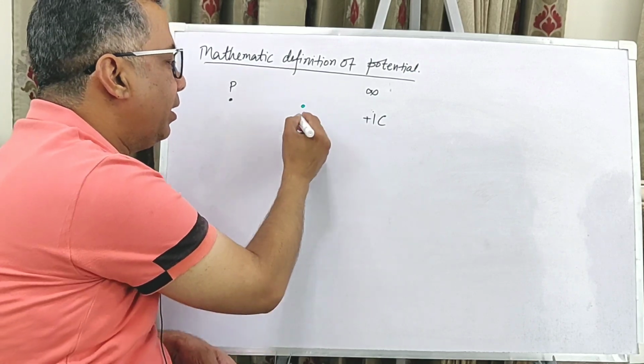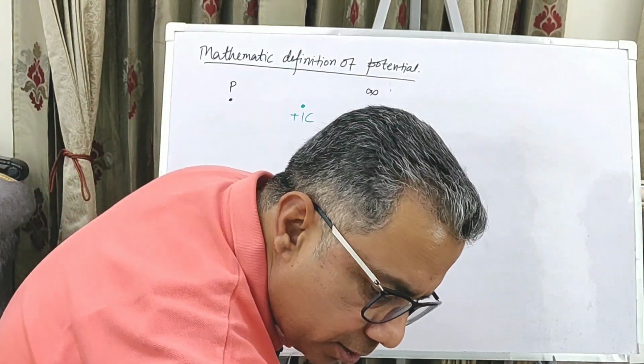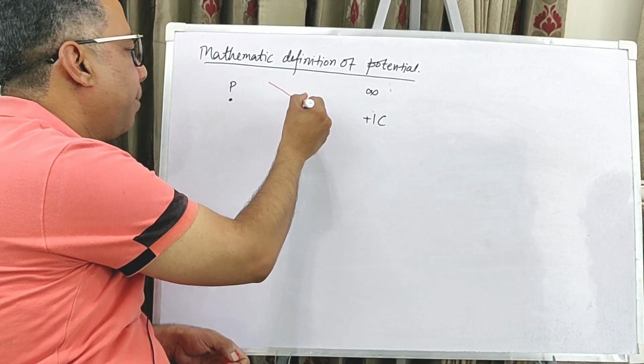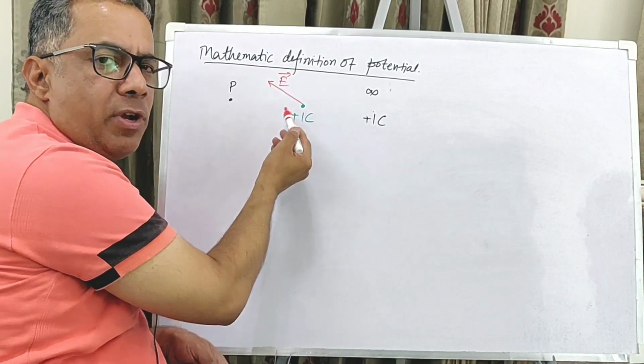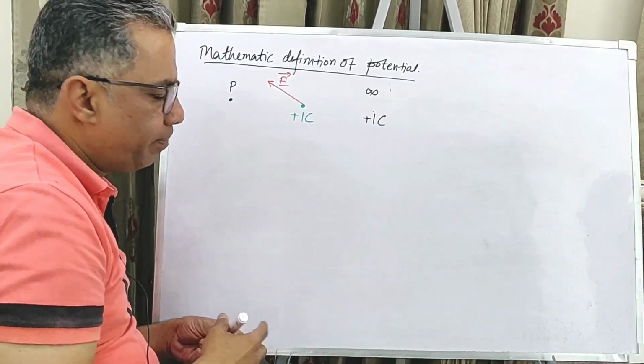Now when it is over here, this plus 1 coulomb charge experiences a force E, the electric field intensity.